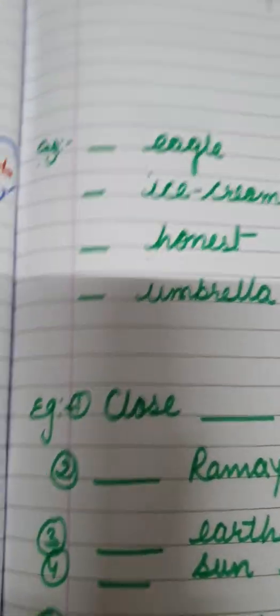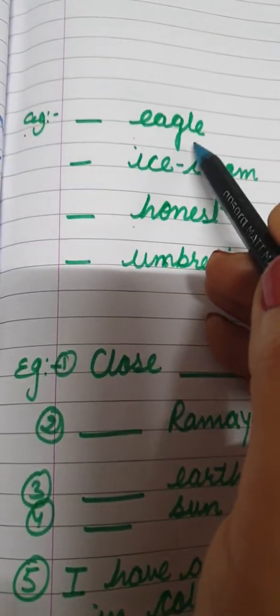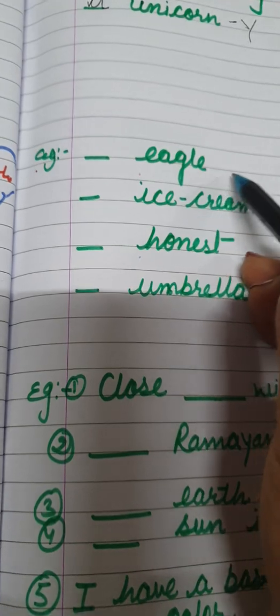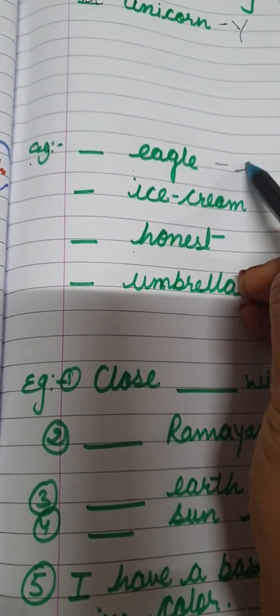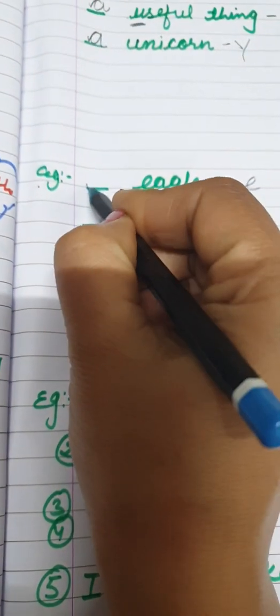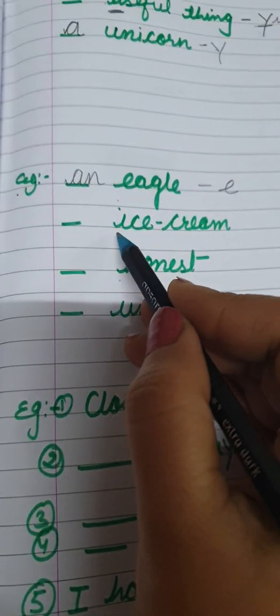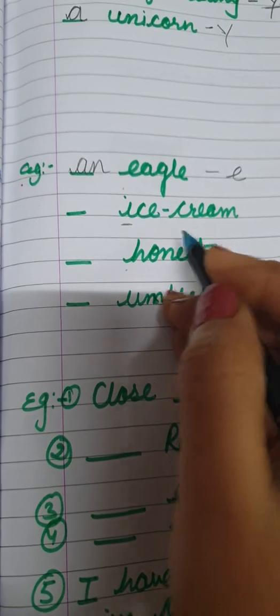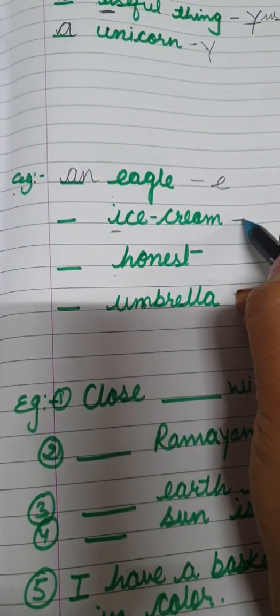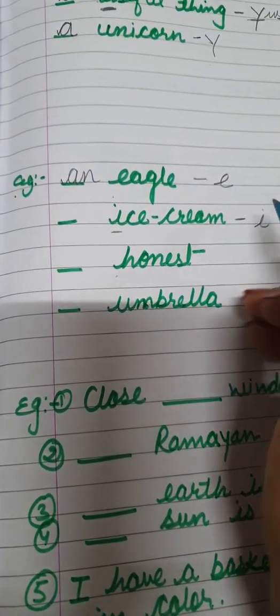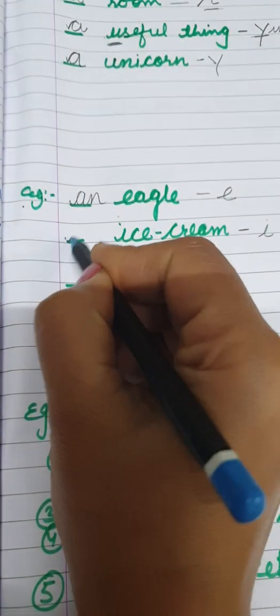Let's see a few examples of an. Eagle, sound of E. E is a vowel, so an eagle. Ice cream, again sound of a vowel. An ice cream.